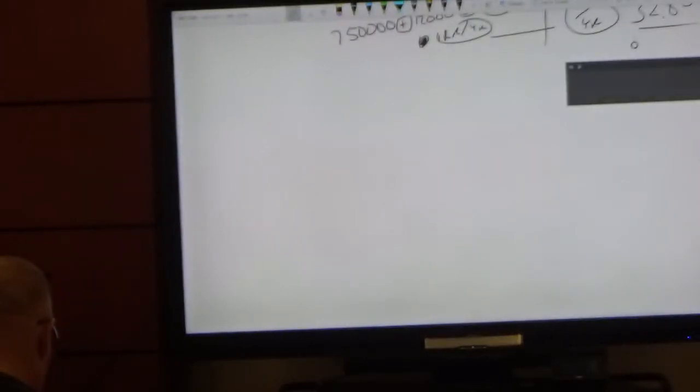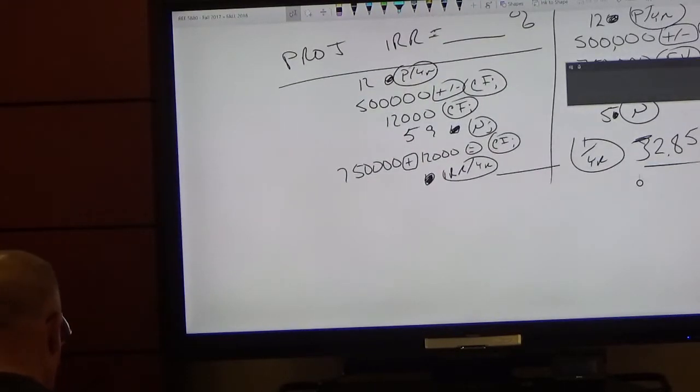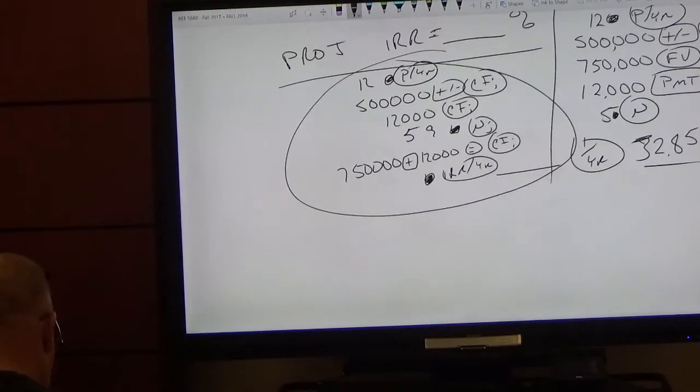Almost there. Here's the last part. The IRR. Okay, this one you don't have to do. This is just simply if you want to use the cash flow function instead of using just the interest rate.